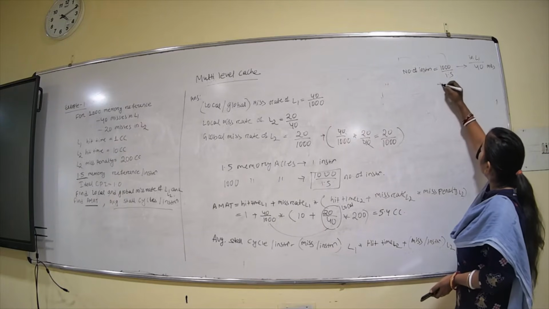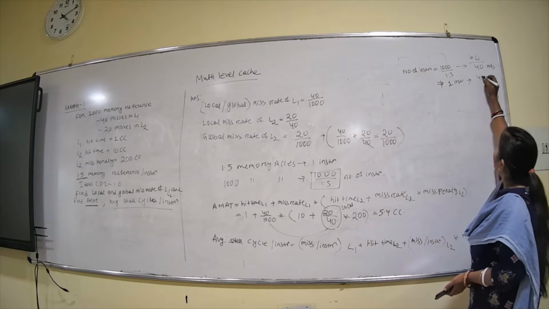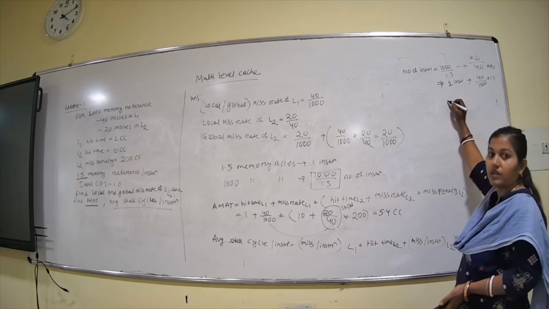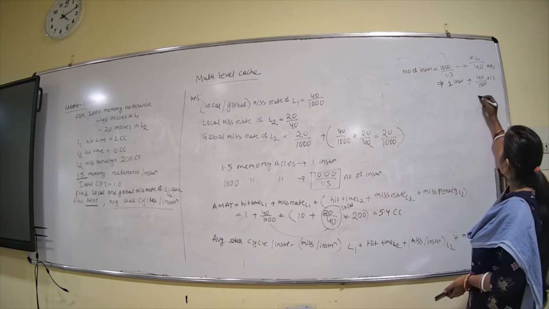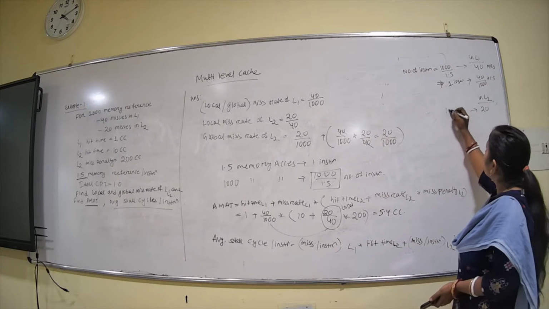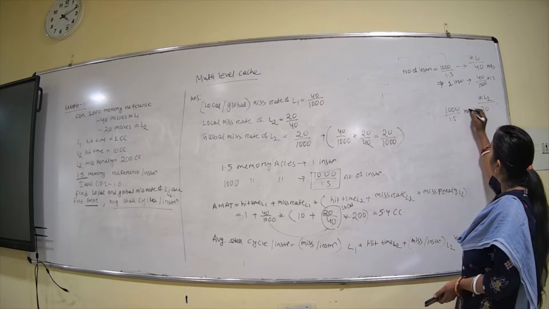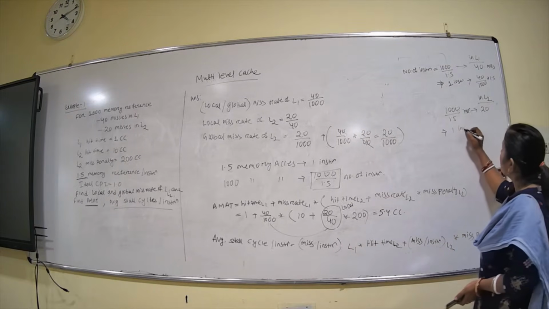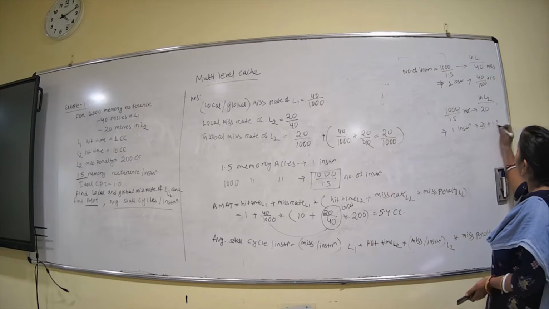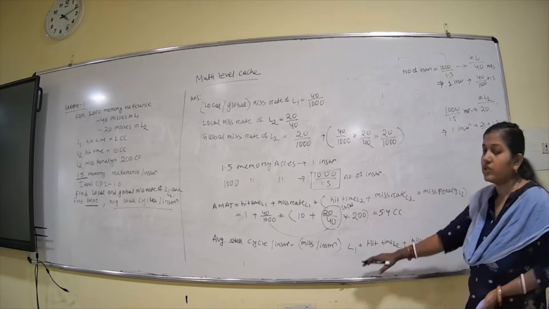So for one instruction, how many misses will you get? 40 by 1000 into 1.5. Now the same for the L2 case. In L2 we are getting 20 misses for 1000 by 1.5 instructions. So for one instruction, how many will you get? 20 into 1.5 by 1000. Yes or no?